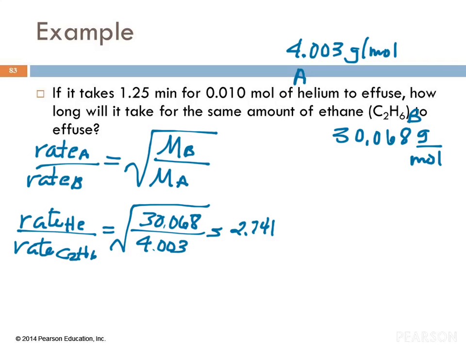So we're given 1.25 minutes for 0.100 moles of helium. Well, rate. What units is rate? It's something per time, right? Something per unit time. So in this case, it's perhaps 0.100 moles per 1.25 minutes.